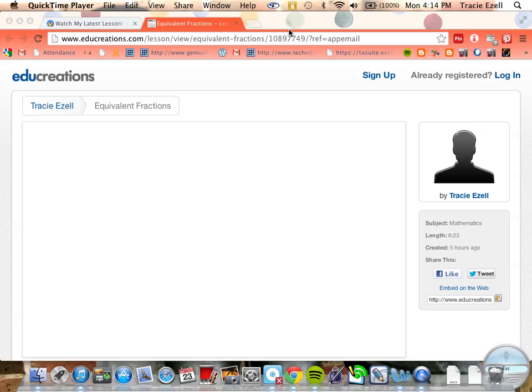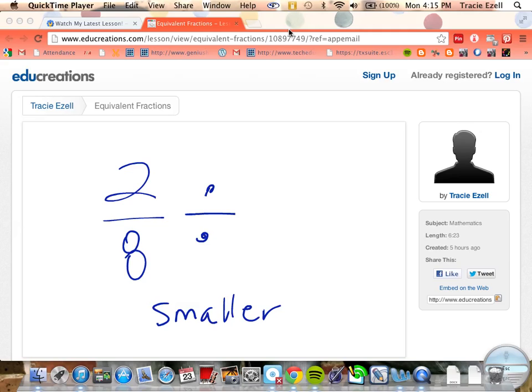Another way that you can find equivalent fractions is by dividing. If I can do it by multiplying, I can also do it by dividing. So let's say I have 2/8, and I want to find a smaller equivalent fraction. Well, instead of multiplying, I could divide. But the trick is I've got to divide by a number that both of them can be divided by.